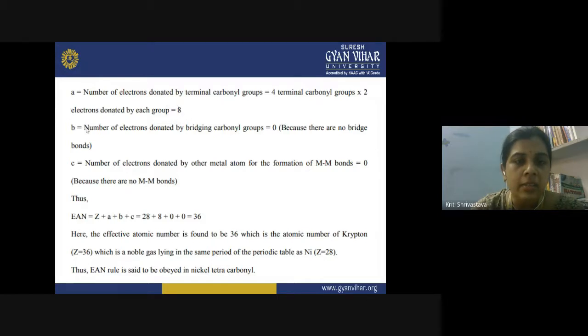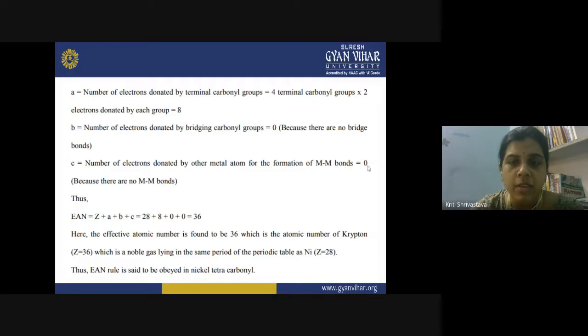Then B is the number of electrons donated by bridging carbonyl groups. It is 0 because we do not have any bridging bonds in nickel tetracarbonyl. And C is the number of electrons donated by other metal atoms for the formation of a metal-metal bond.